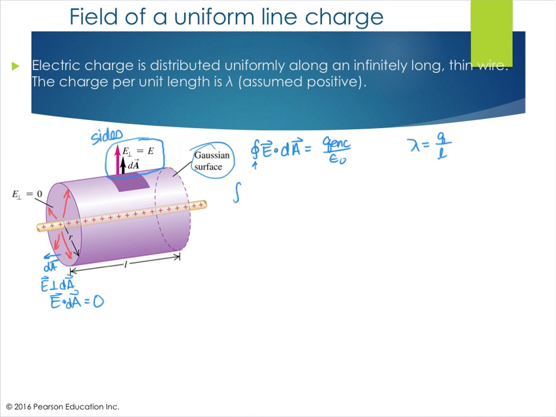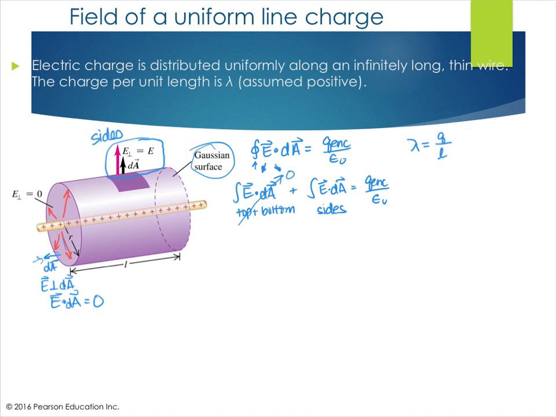So I like to split this up into two pieces: E dot dA for the top and bottom, and E dot dA for the sides. Because the electric field, which is these red vectors here, and the area vector, this blue one right here, are perpendicular to each other, this integral makes no contribution.